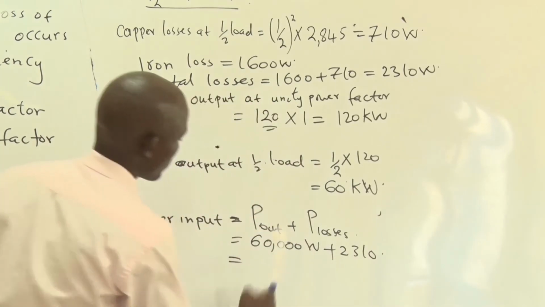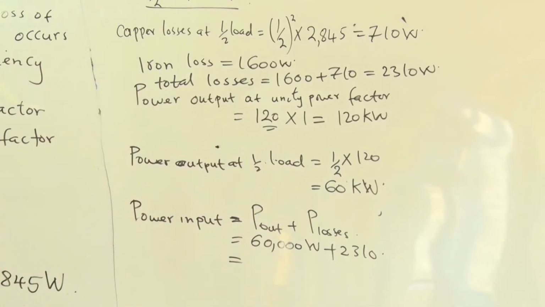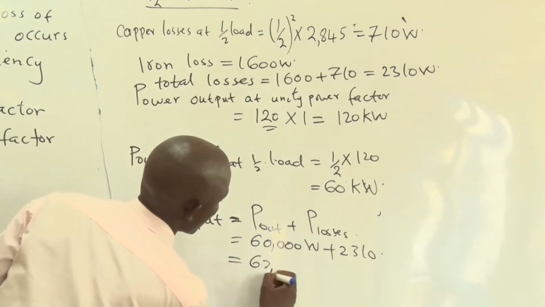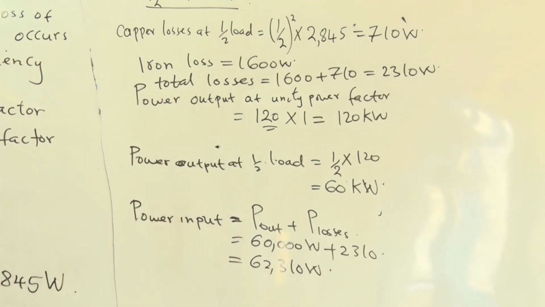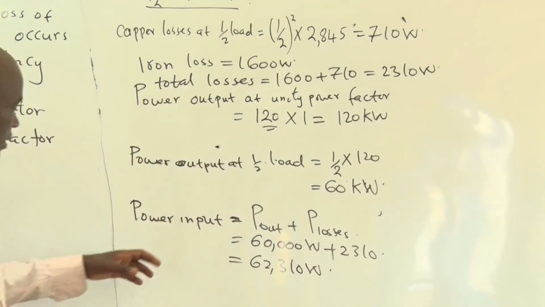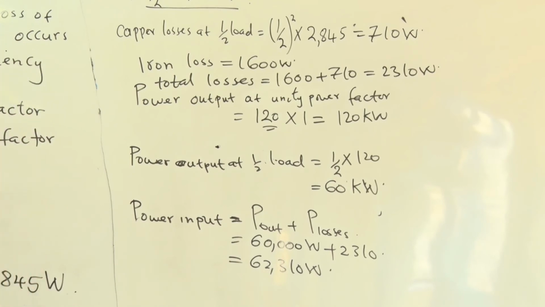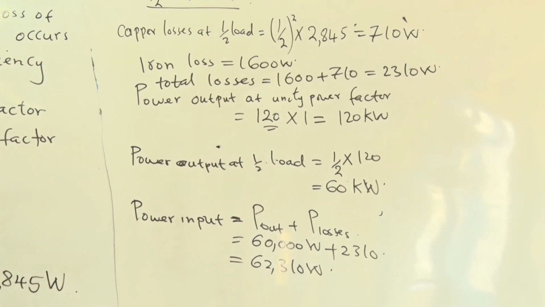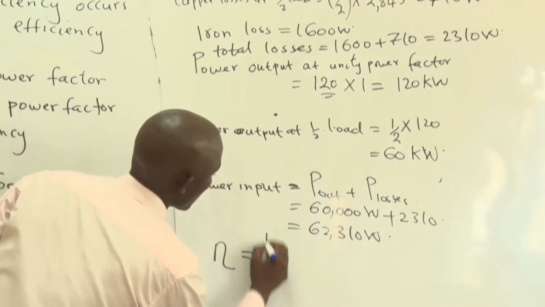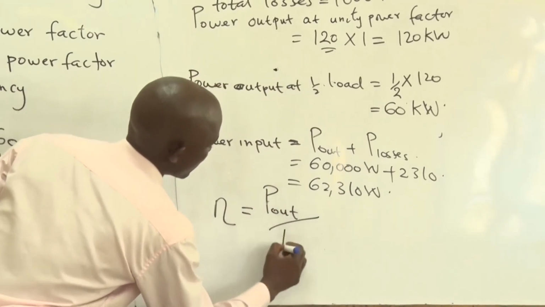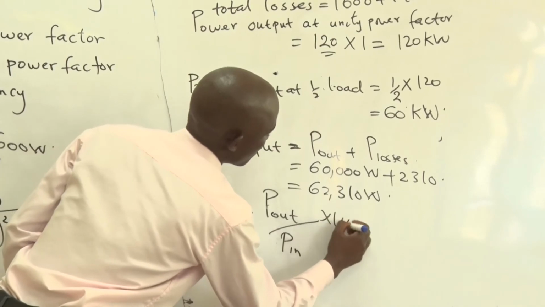So if you add 2310 to that particular value, you will get 62,310 watts. So that is the total power input to the system at a half load. And if you want to determine the efficiency, the efficiency will be equal to P out divided by P in multiplied by 100.